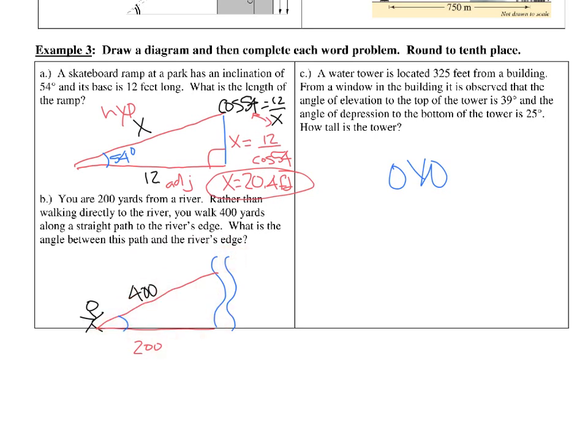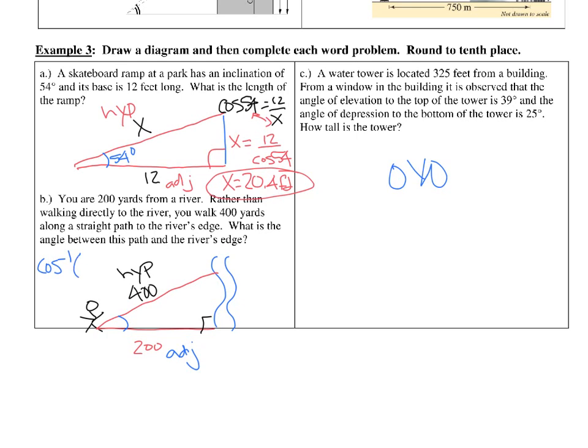So remember, we're looking for an angle. Gotta use inverse. So let's see what we got. That's where my 90 degree would be. So I got a hypotenuse. And look here, we got adjacent. So that means we're using cosine. But remember, looking for an angle. So it's the inverse function of cosine.